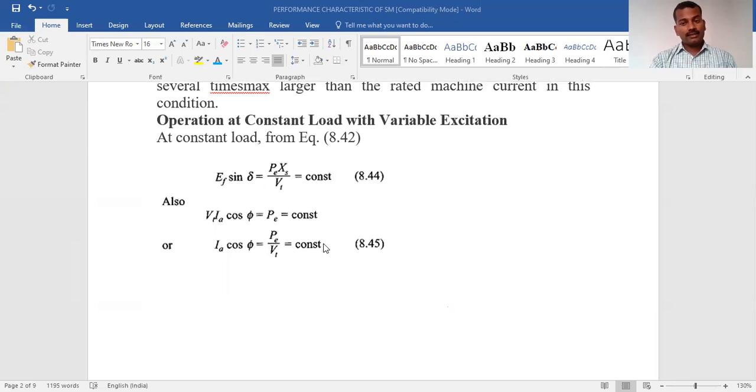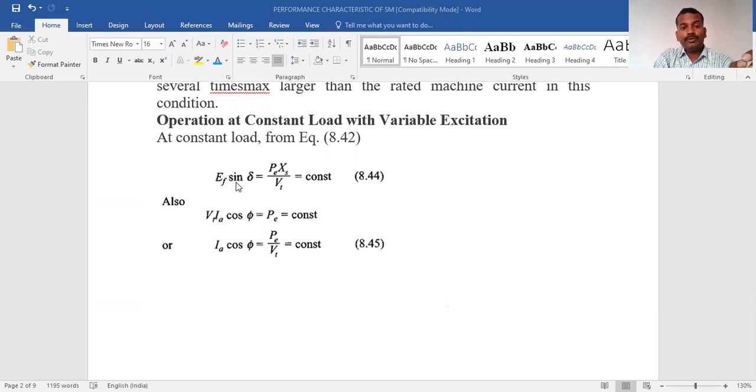In the case of a synchronous machine, when there is a statement like constant load, this means EF sin delta will be constant. Similarly, we can say IA cos phi will be constant. IA cos phi means the product of the armature current and power factor. Similarly, the product of EF and sin delta.